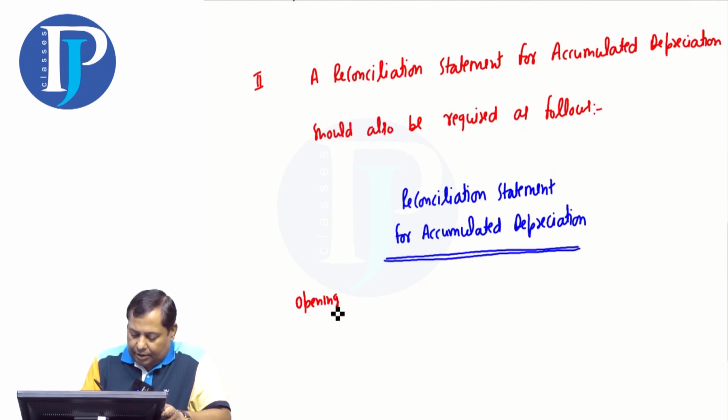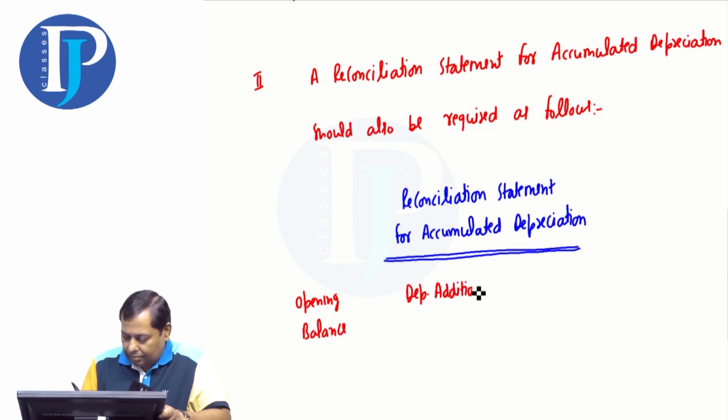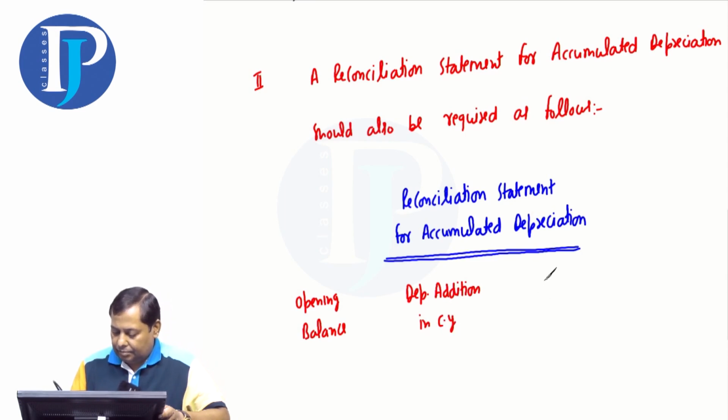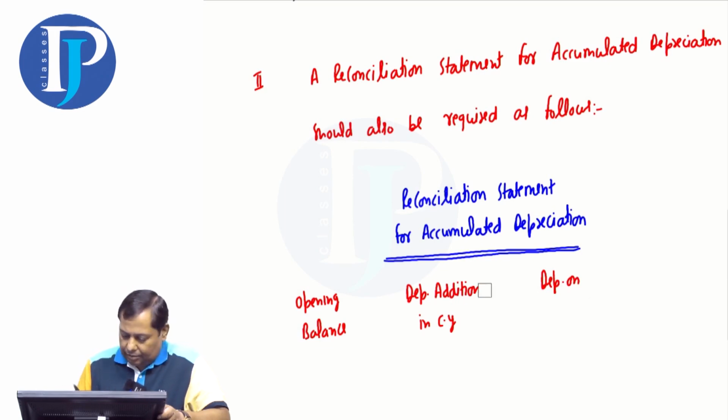Here we'll write the opening balance. After that, depreciation, addition in current year, depreciation charged in current year.